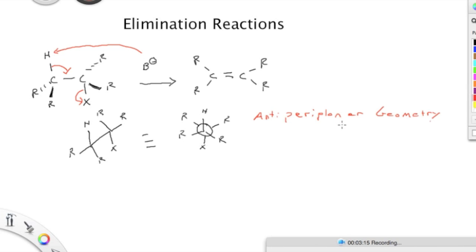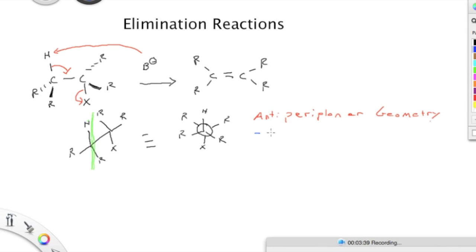Basically, all of the reacting atoms are going to lie in the same plane. They're just going to be opposite of each other. So if we have a plane that goes up and down here, notice that in this plane, we have the hydrogen and the X all in the same plane. They're just opposite of each other, and that gives us this anti-periplanar geometry.